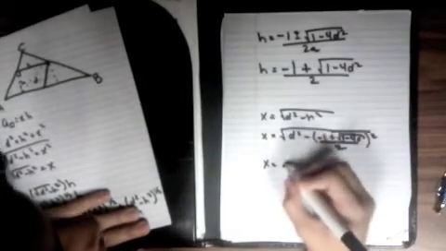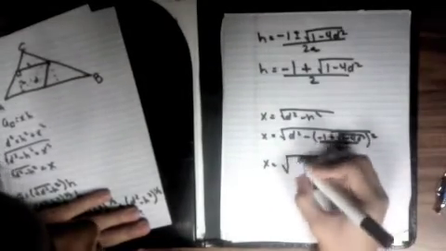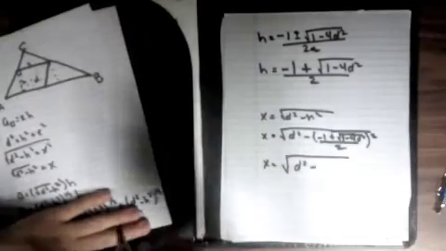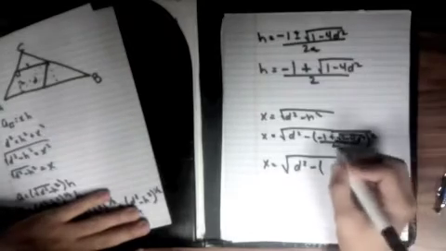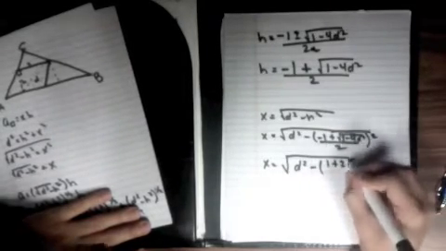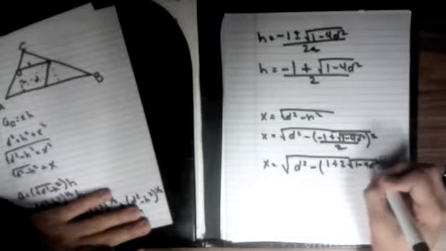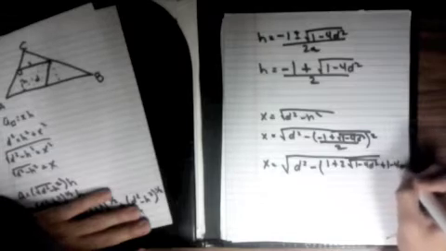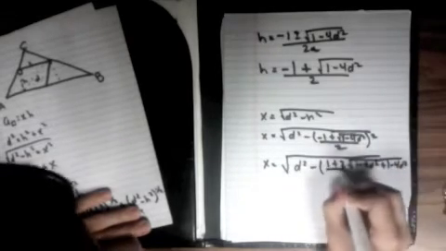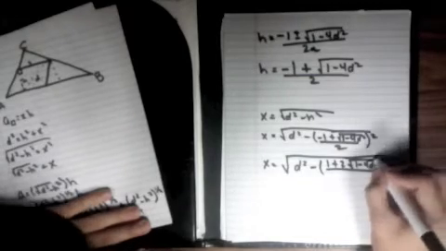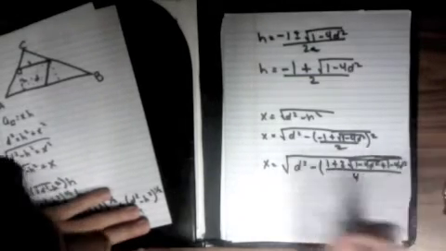So x would be equal to the square root of d squared minus, we multiply, this would be 1 plus 2 square root of 1 minus 4d squared plus 1 minus 4d squared over 4.